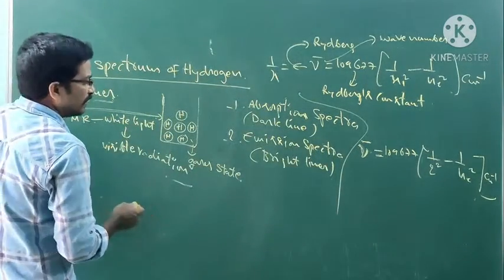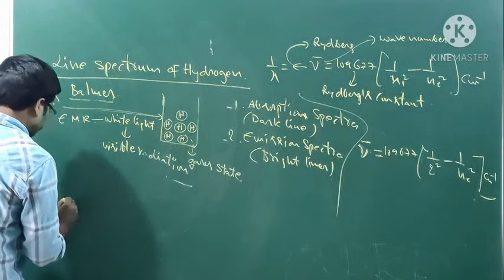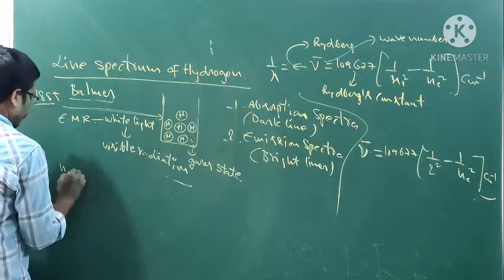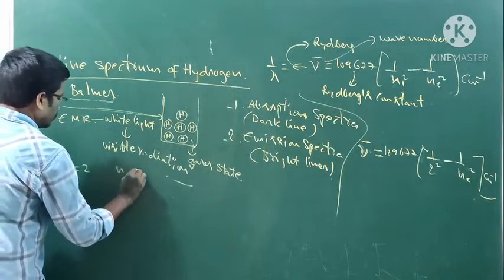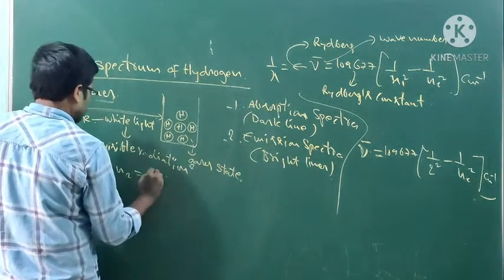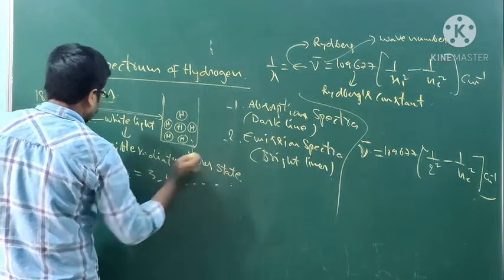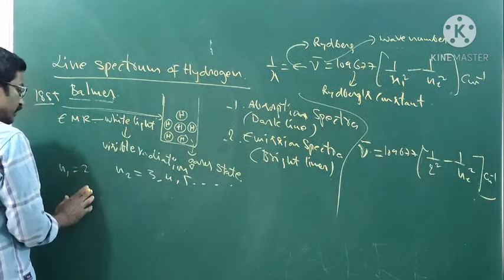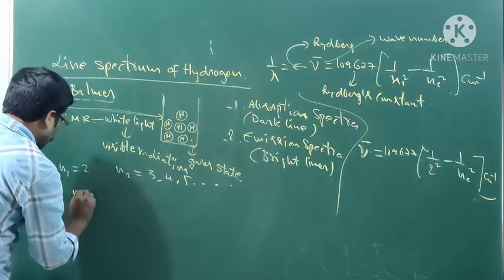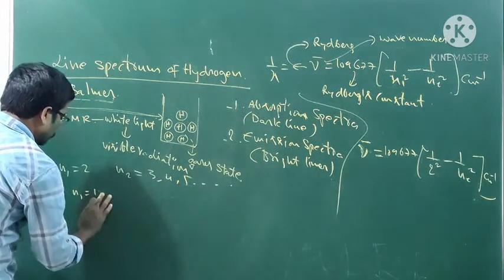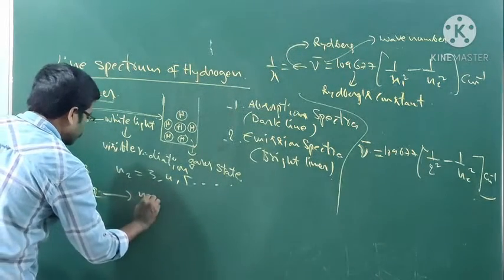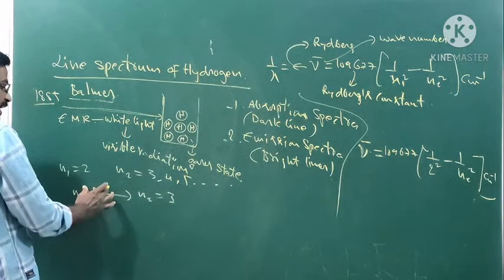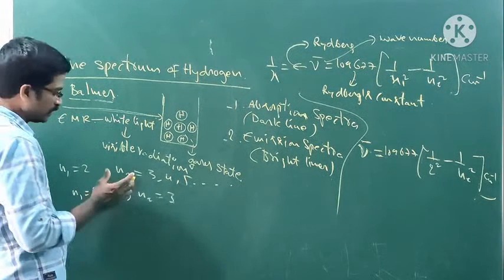Okay, n1 is equal to 2, n2 is equal to higher numbers 3, 4, 5 and so on. Whenever the electron goes from n1 is equal to 2 to n2 is equal to 3, then there is an absorption of radiation.